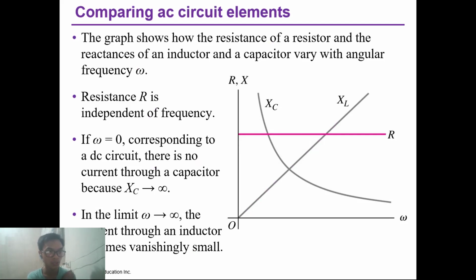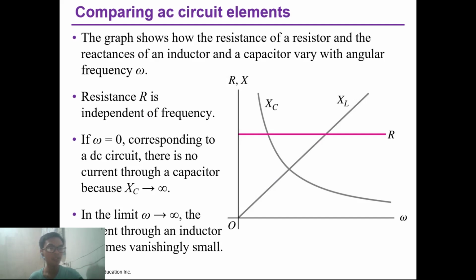Meanwhile, the inductor has a reactance that increases with frequency, and the capacitor has a reactance that decreases with frequency. Again, the resistor is independent of frequency, the inductor increases with frequency, while the capacitor decreases with frequency.